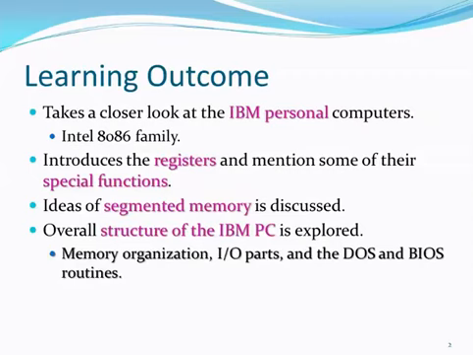Okay, first of all, look at this. You are going to have a very close look at the IBM personal computer, especially the 8086 family. Now you can simply understand why they are saying it is a family, right? Family means there should be generation over generation, right? So that means we can expect some other families, not only 8086, that came out from the 8086.